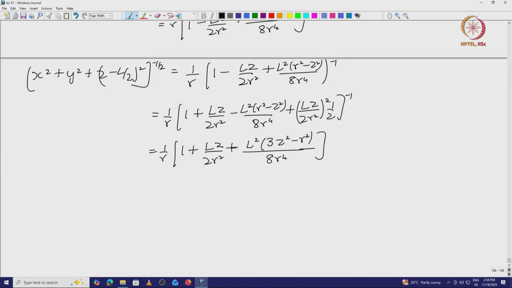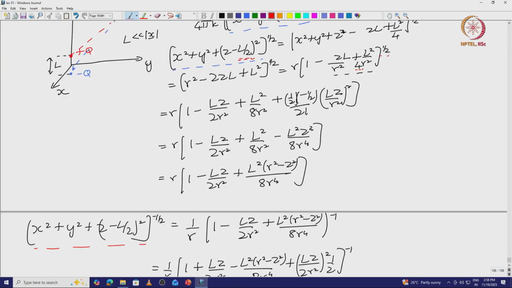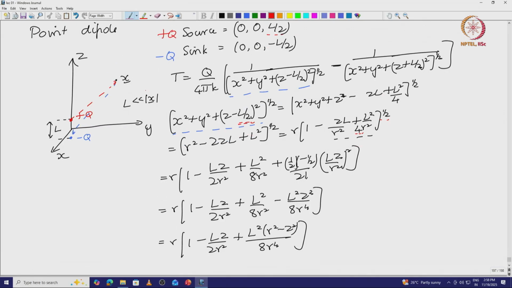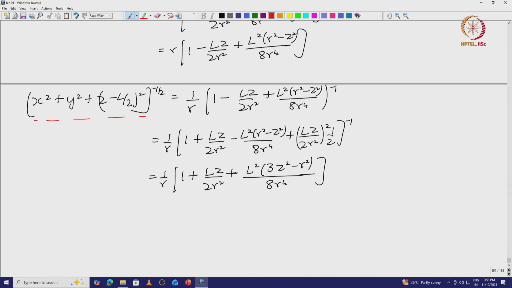So that is the expansion for (x² + y² + (z − L/2)²). That was the first term on the left here. The second term has (x² + y² + (z + L/2)²).